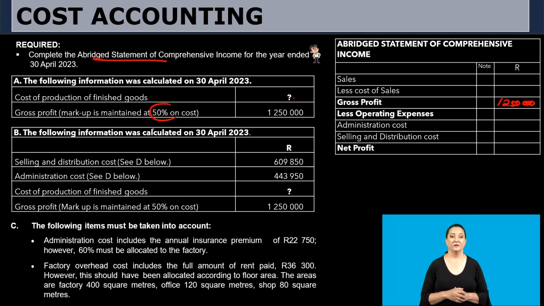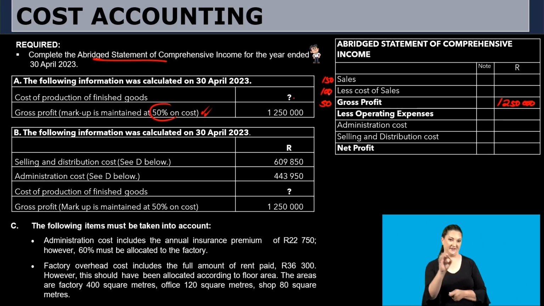And here we were not given the sales or the cost of sales, but we were given markup is 50% on cost. So I can calculate either my sales or my cost of sales. Let's start with the cost of sales. We know that once my markup is 50%, I know my cost is always 100. Therefore, my sales was going to be 150%.